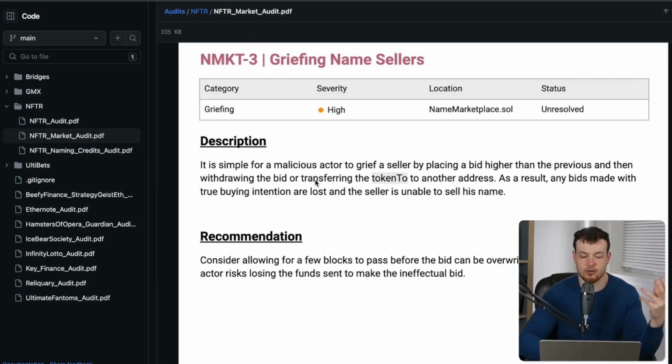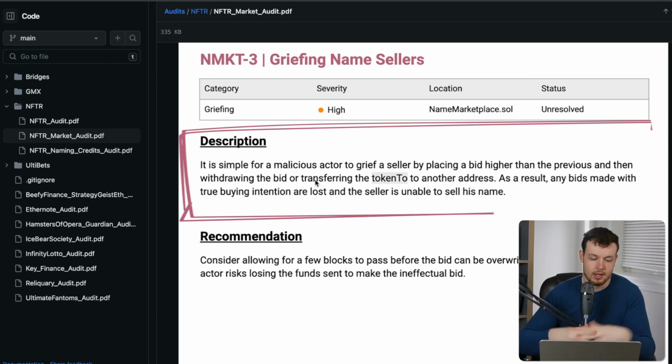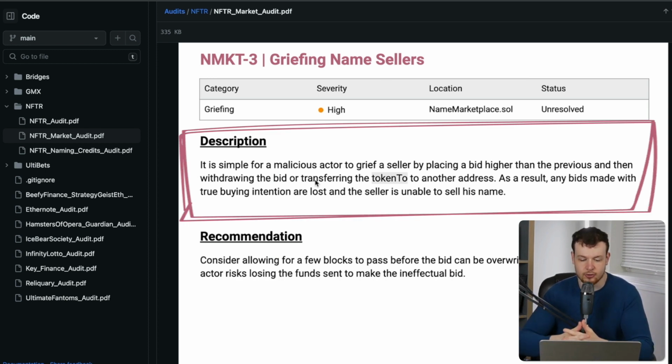And so if we just briefly read the description here, it is simple for a malicious actor to grief a seller by placing a bid higher than the previous and then withdrawing the bid or transferring the token to another address. As a result, any bids made with true buying intention are lost and the seller is unable to sell his name.